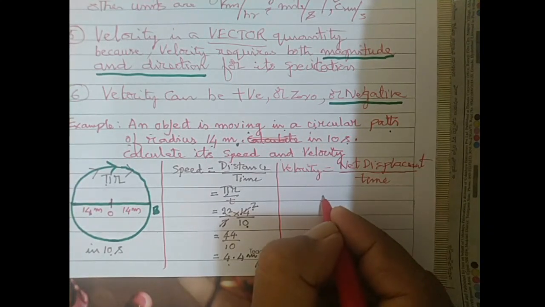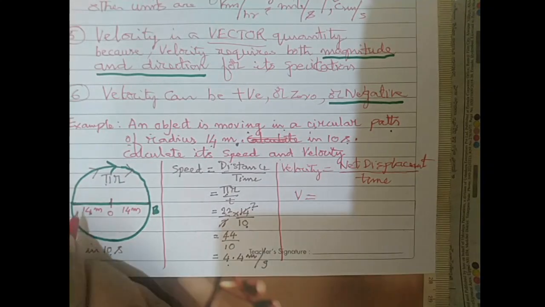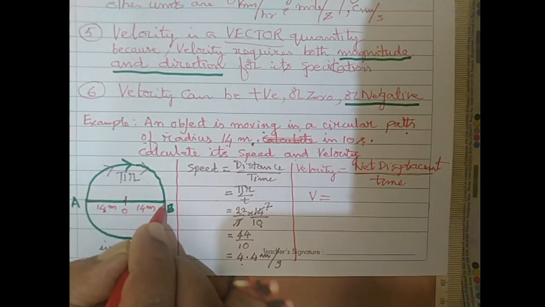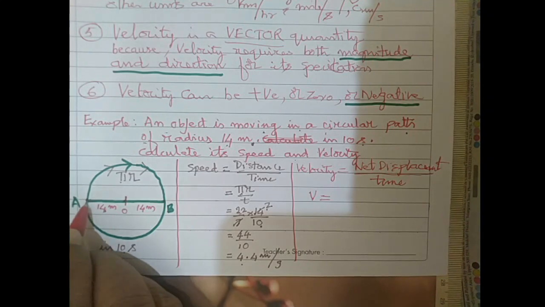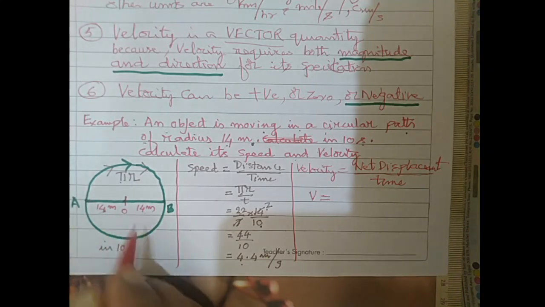I think all of you are following my voice. So velocity v is equal to net displacement. See the figure here. Net displacement is from A to B. Already we have discussed in the earlier classes. Net displacement means A to O and O to B together. How much is it? 14 meter plus 14 meter, 28 meter. That is nothing but the diameter.